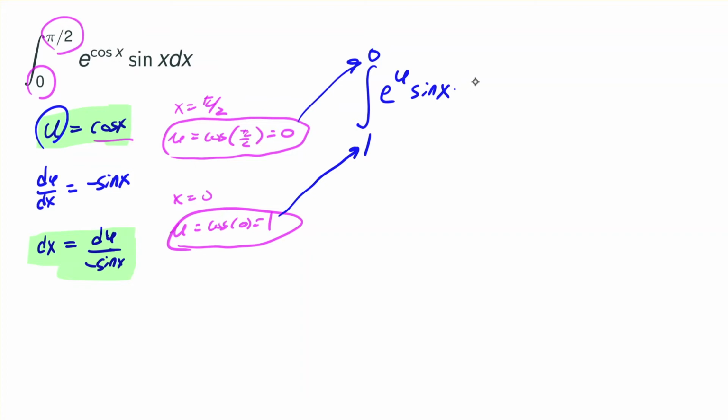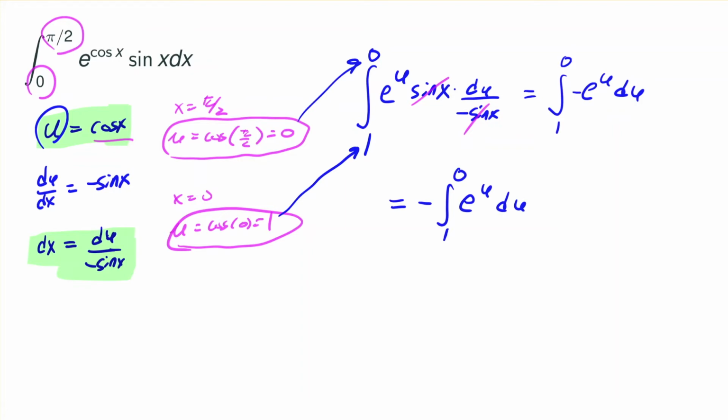And dx is the same as du over negative sine x. And you see that this sine x and negative sine x cancel out, but keep the negative sign, right? Don't forget the negative sign. So we have 1 to 0, negative e to the u du, which is the same as negative integral from 1 to 0 of e to the u du.